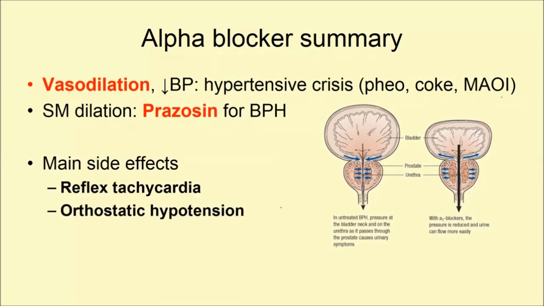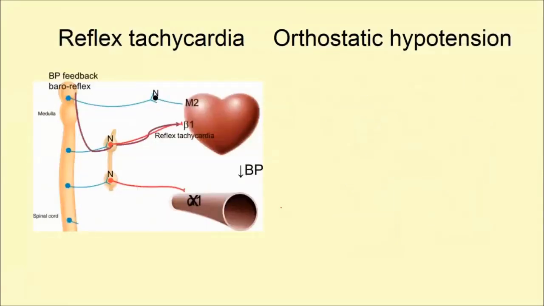Okay, so here's a figure that you can read. In using alpha blockers, there are two main side effects: reflex tachycardia and orthostatic hypotension. I explained this reflex tachycardia when alpha-1 was constricting the vessel. You block it, you get relaxation and a drop in blood pressure.